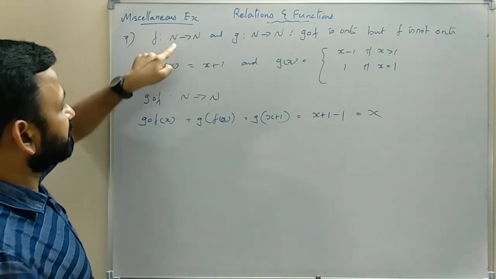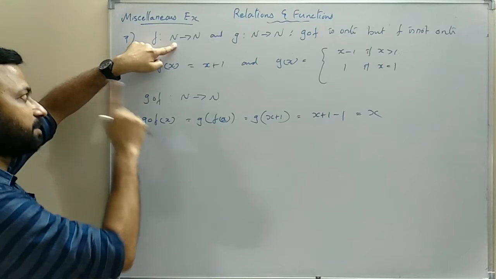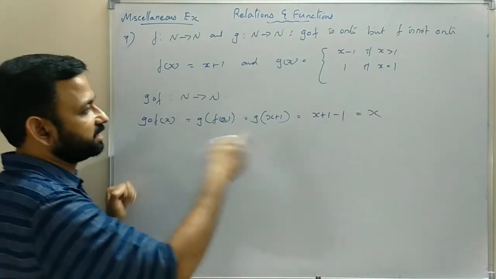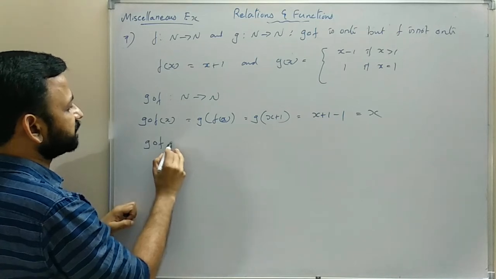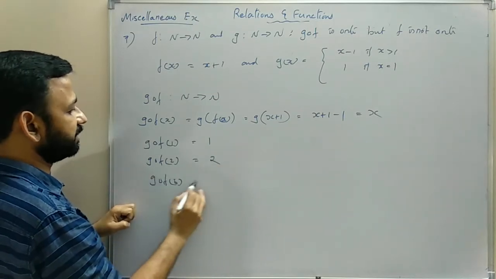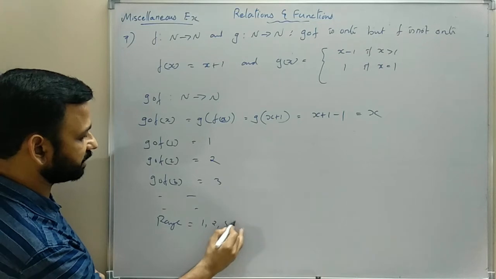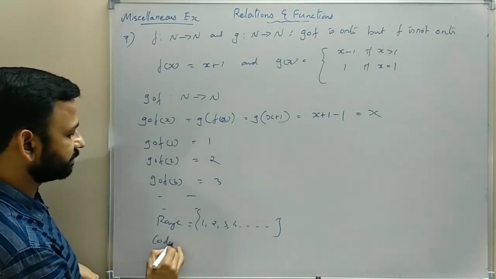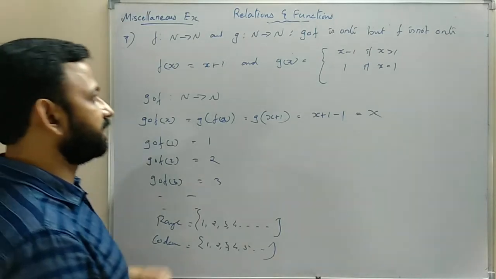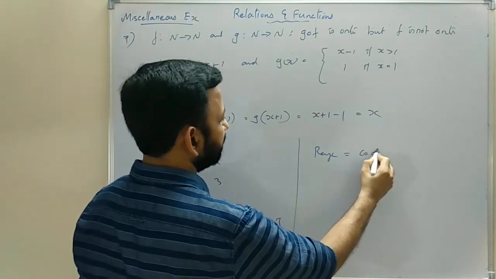The domain is the set of natural numbers. When we take any natural number, suppose 1, g of f of 1 is 1, g of f of 2 is 2, g of f of 3 is 3, etc. Therefore, the set of images, that is the range, is equal to 1, 2, 3, 4, 5, etc. The codomain is the set of natural numbers, that is also 1, 2, 3, 4, 5, etc. So here the range is equal to the codomain.